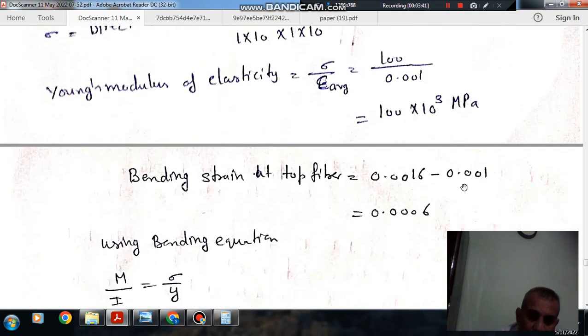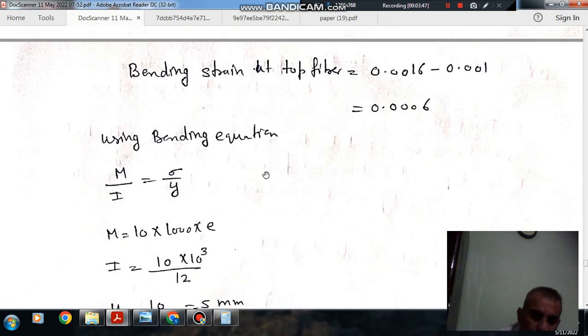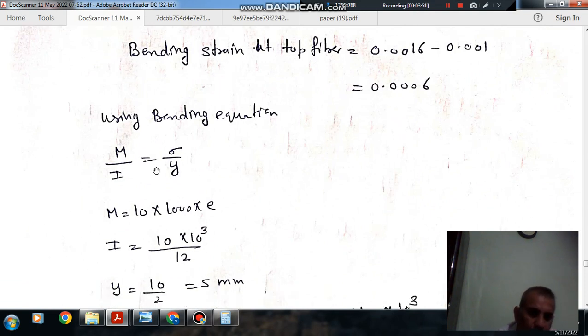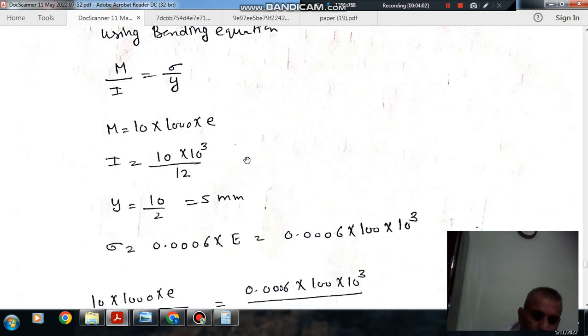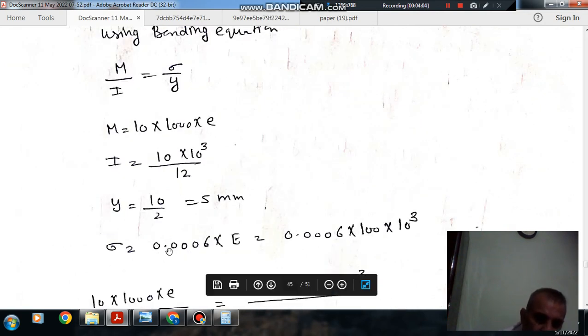So bending strain will be total strain minus direct strain, that is 0.0006. Okay, so as the bending strain is 0.0006, the bending stress will be E into this strain.